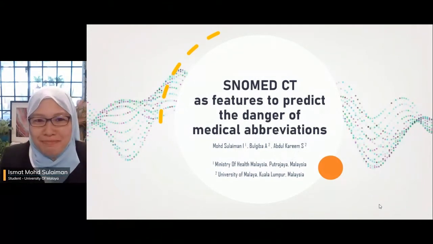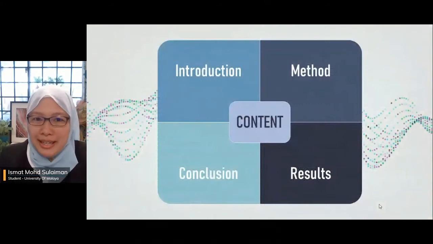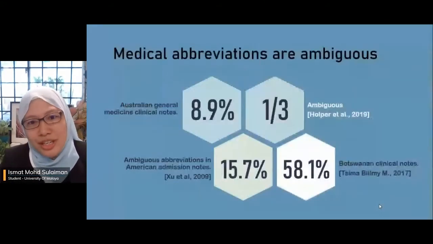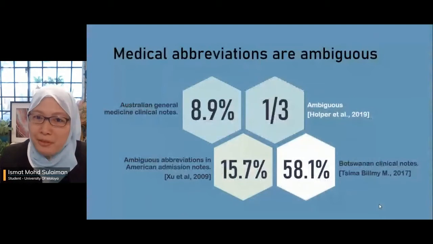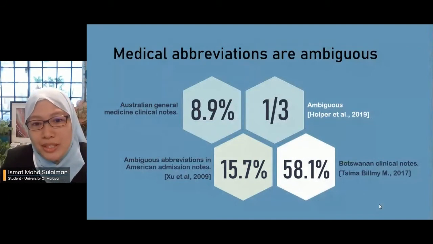So as usual, we'll be talking about the four aspects of the research. As an introduction, I think everybody is aware, but just to highlight the numbers, medical abbreviations are not only common, but they are ambiguous. That means one abbreviation can have two or more meanings.